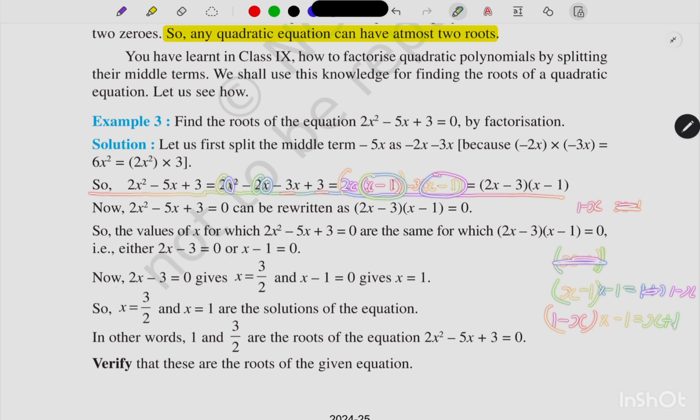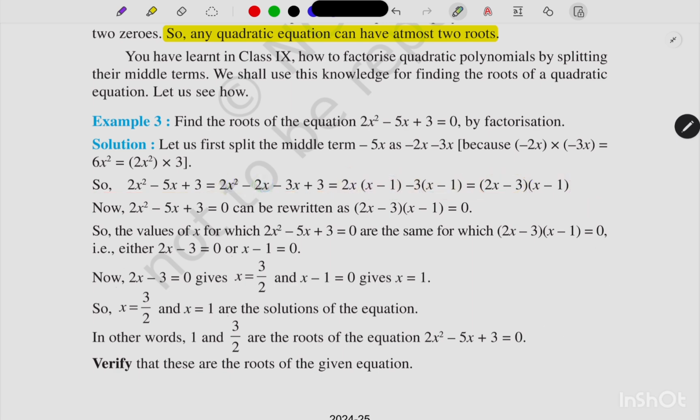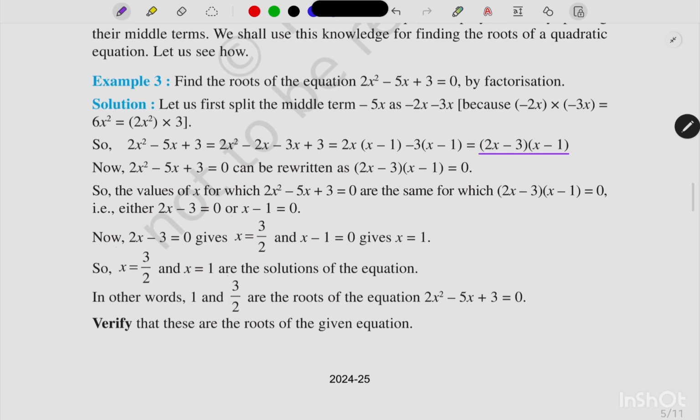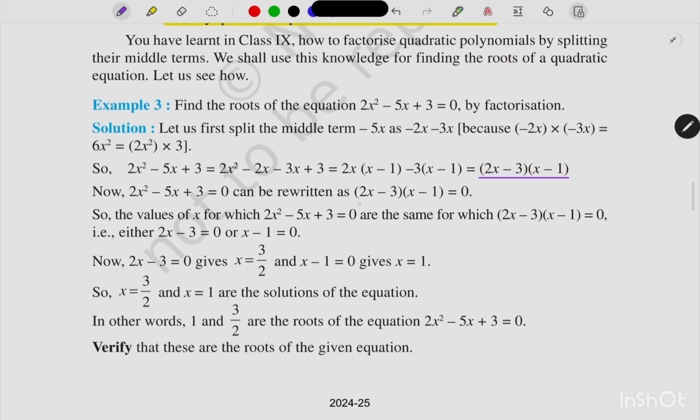Now here if you examine, x minus 1 is common in both of these terms. So take x minus 1 in common, and the rest, that is 2x minus 3, should be put here. Basically, you can rewrite this as 2x minus 3 times x minus 1. So now you can write 2x square minus 5x plus 3 is equal to 0 as this.